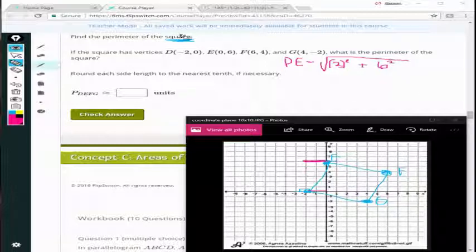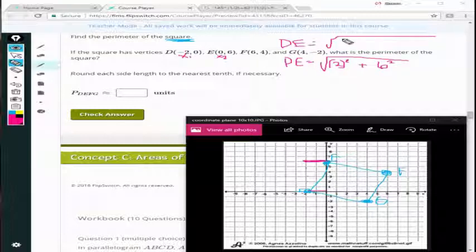Now if you notice, I can do the same thing with the coordinates. So if I wanted to do DE, it is equal to the square root of the coordinates 0 for my x2 and x1.